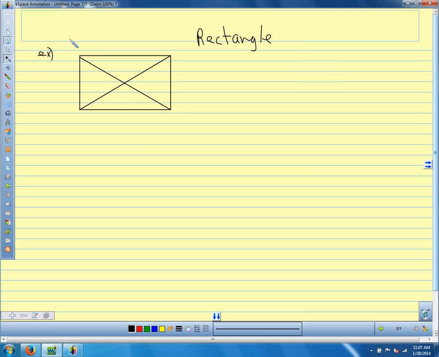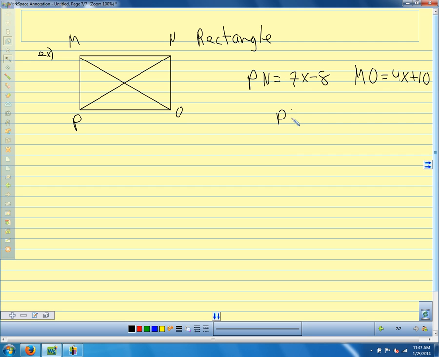So this is M, N, O, P. This is a rectangle. We know that PN is 7x minus 8, and MO is 4x plus 10. We want to find PM.